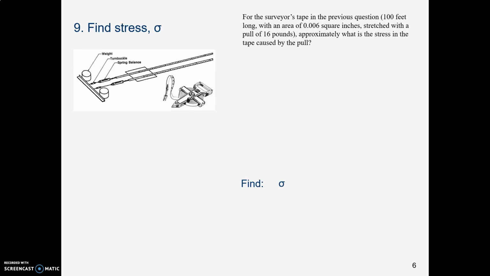What are we given? Well, we're given the length. Do we need that? I'm going to say no. What else do we know? We've got an area of 6/1000ths of a square inch, and we're going to pull with 16 pounds of force. We're trying to find stress.